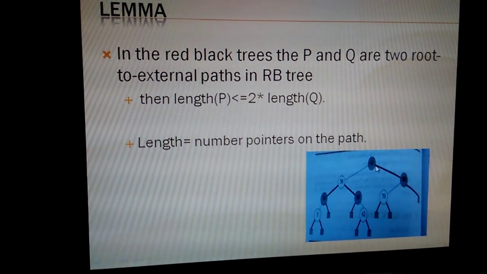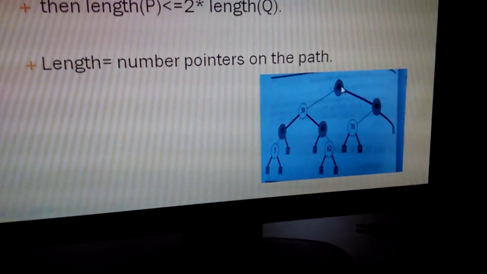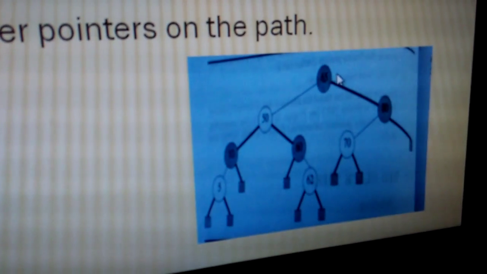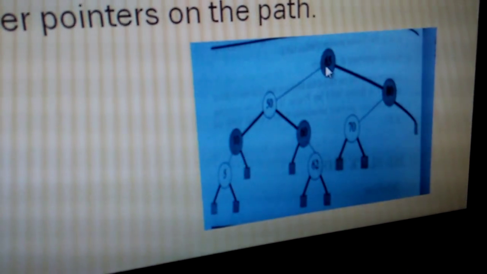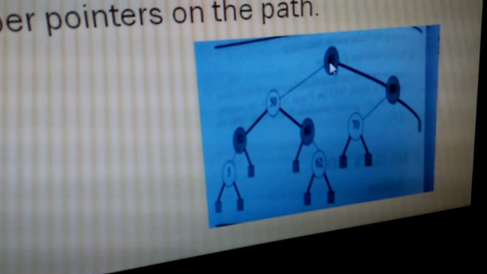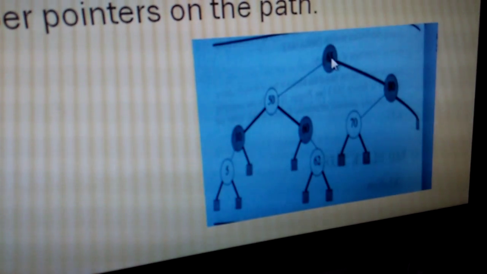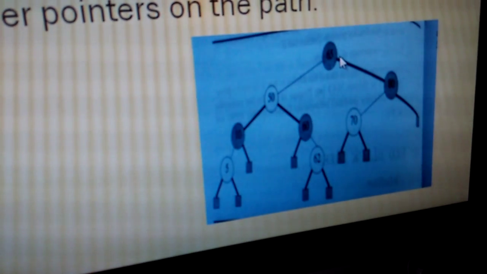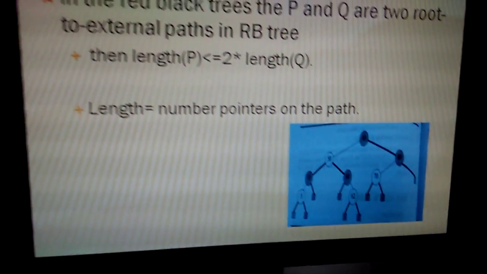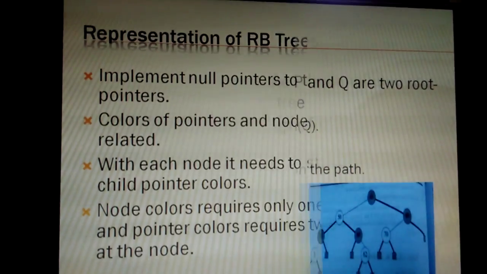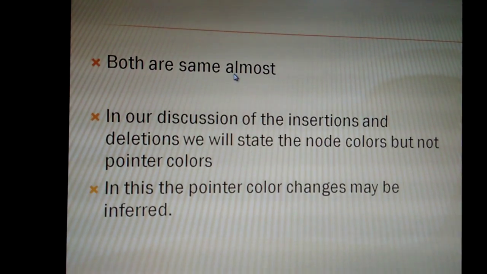In the same figure, 65 is a node. If it wants to store its color, it needs one extra bit. If it wants to store the colors of its pointers, it needs 2 bits. To store this color, it needs one extra bit, and to store this color, it needs one more extra bit. So storing the node's coloring and storing its pointers' colors take almost the same space.